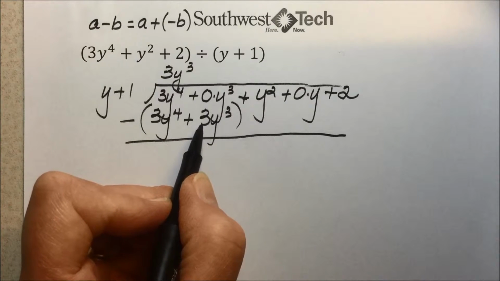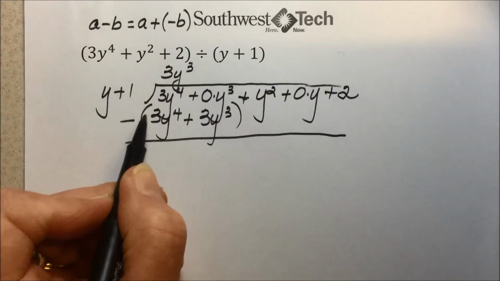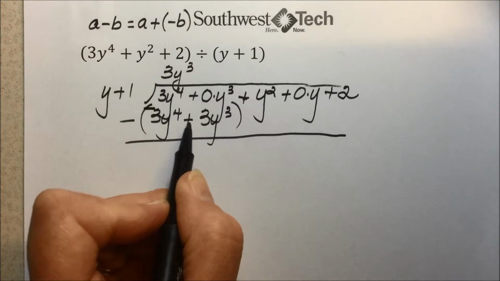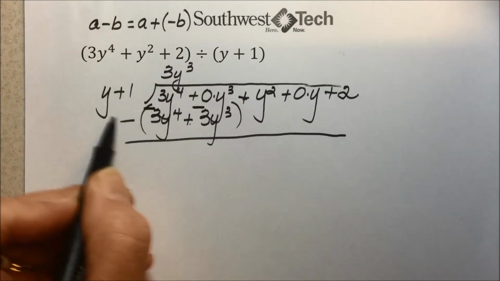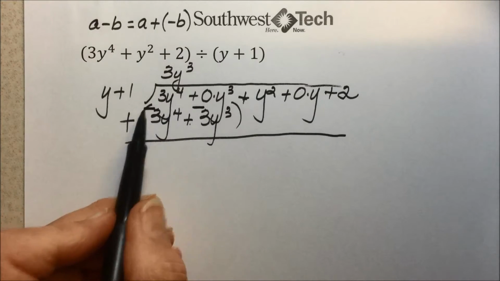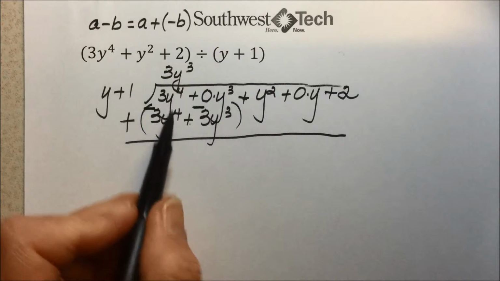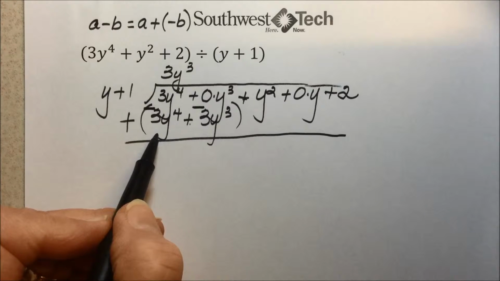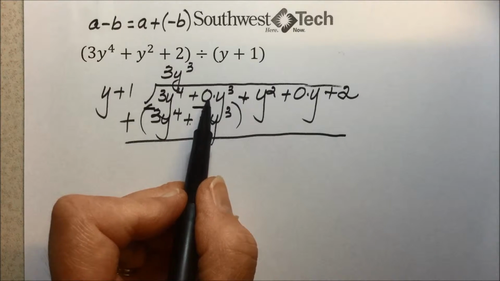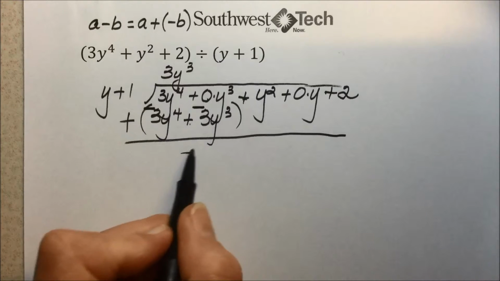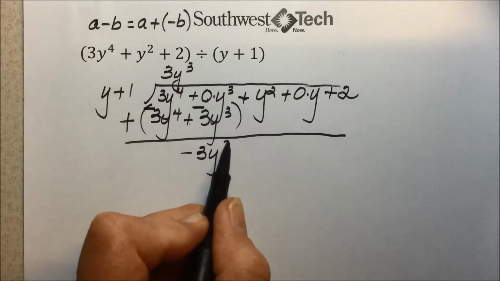So the best method is to use the rule of subtraction, which says take the opposite. I have a plus here, so I'll put a minus, as well as this first one, and change it into addition. 3y to the fourth plus a minus 3y to the fourth cancel out. You do want that leading term to cancel out. Simplifying further, 0 plus a negative 3 is a negative 3y to the third.